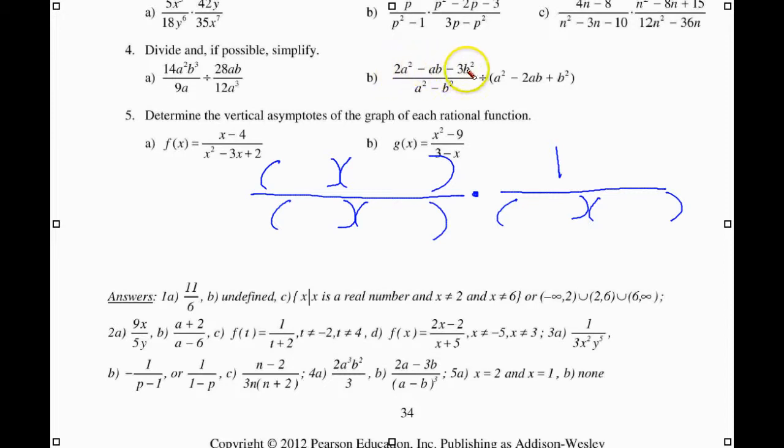So I'm going to factor this, I'm going to factor that. These are conjugates, so it's a plus b, a minus b. And remember this is over 1, so I'm going to flip that. The 1 goes on top.